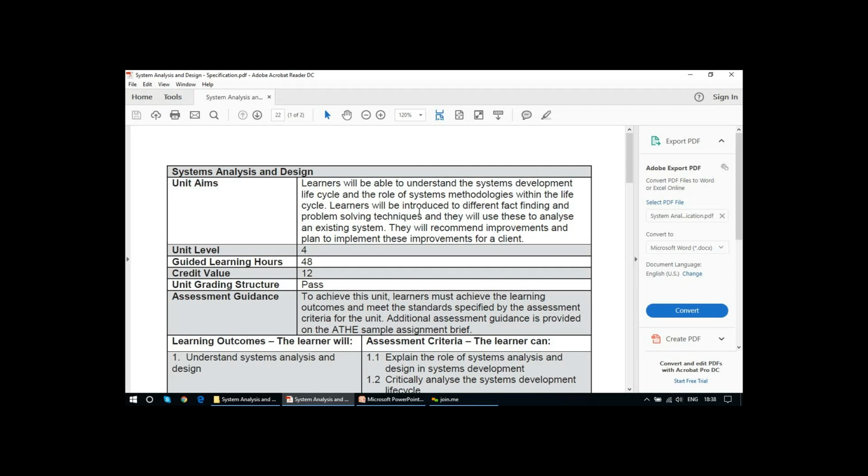So that's it. Obviously, improving the system using system analysis and design may be possible, but that's not related to system analysis and design worldwide.